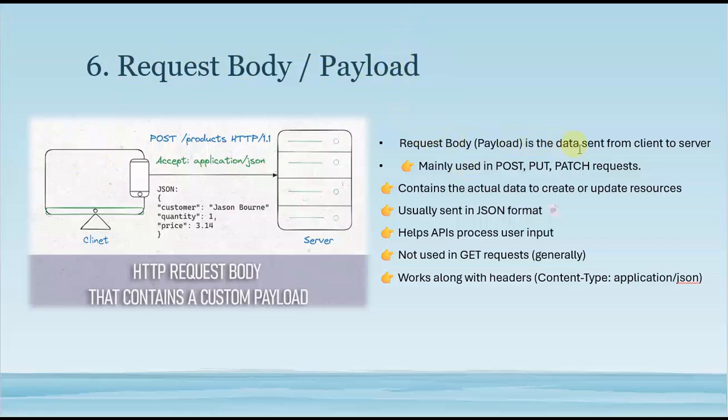The request body is the data sent from the client to the server, mainly used in POST, PUT, and PATCH requests. It contains the actual data to create or update resources, usually sent in JSON format. It helps APIs process user input. The request body is not used in GET requests, and it works along with headers like Content-Type application/JSON.